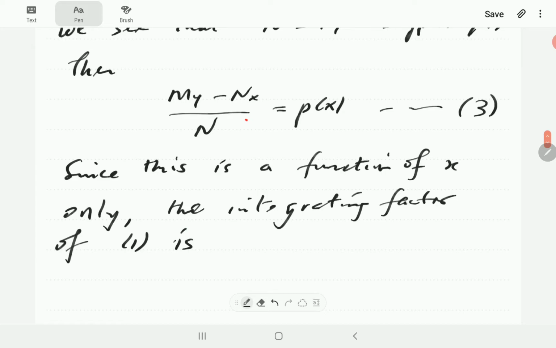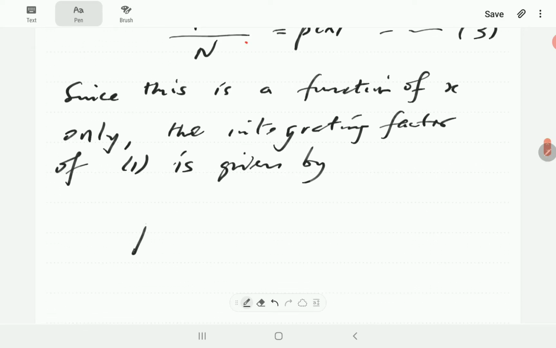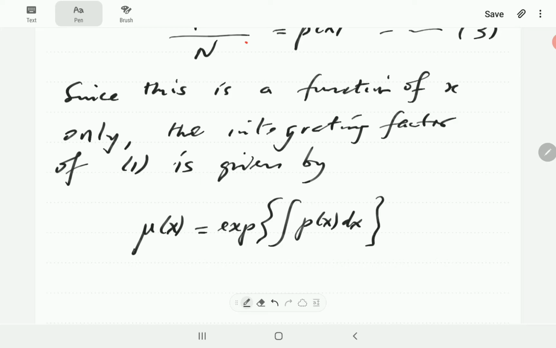So the integrating factor of 1 is going to be given by mu of x equal to the exponential of the integral of p of x. Okay, let's call this one equation number 4.